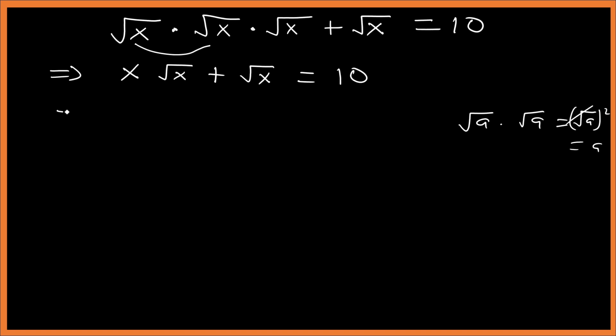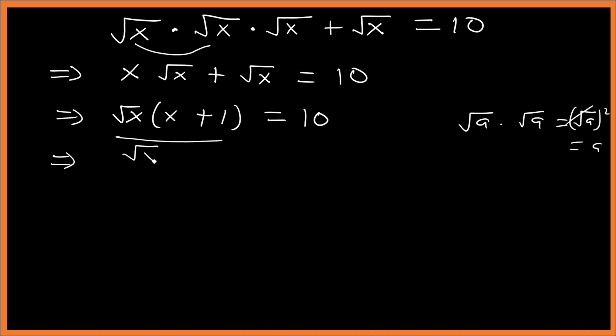Now let's observe this one. We have square root of x in common. So let's take it out. Square root of x, bracket, I will leave root x here, plus 1, equals 10. Okay, so let's divide both sides by square root of x. So this one will go.